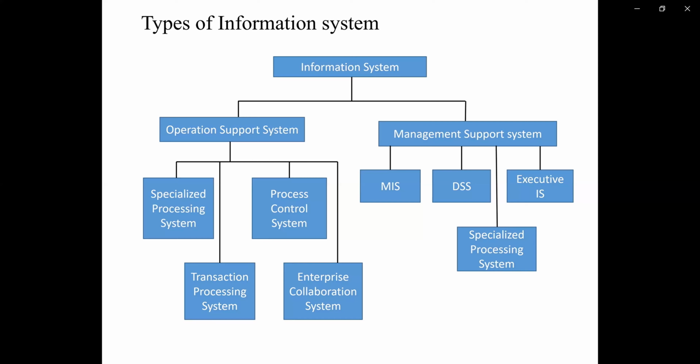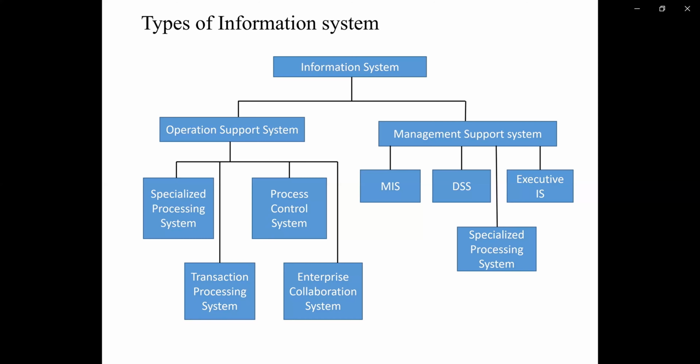The next is process control. We have covered the transaction processing system. Now we'll see the process control system. It monitors and controls the physical processes in an organization.